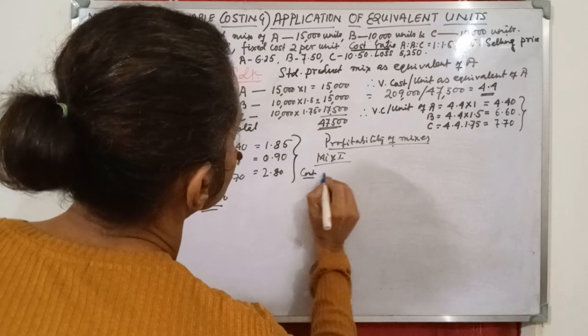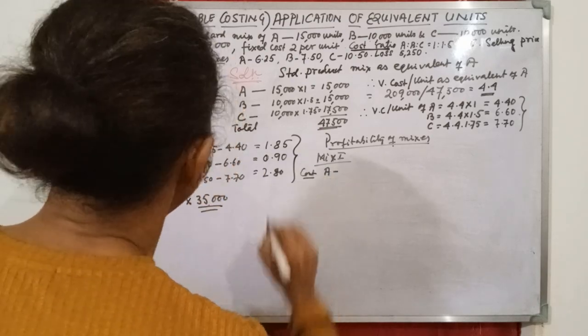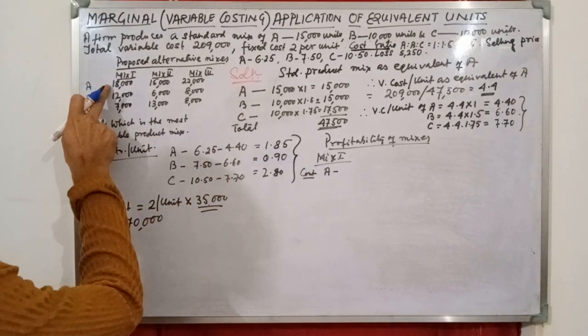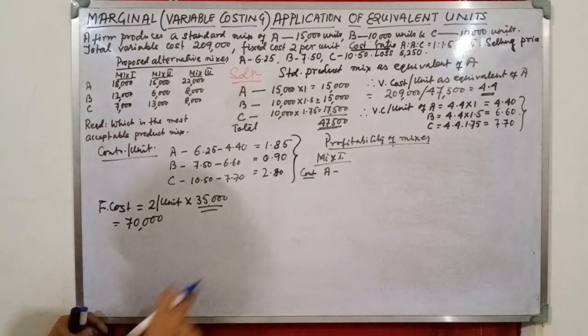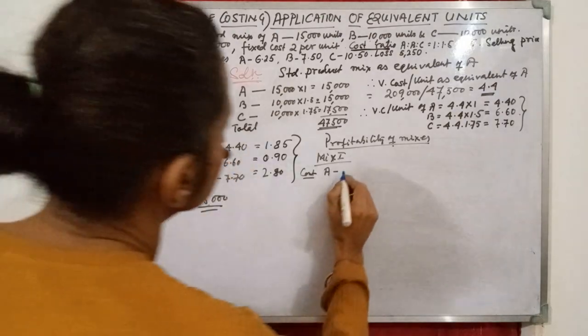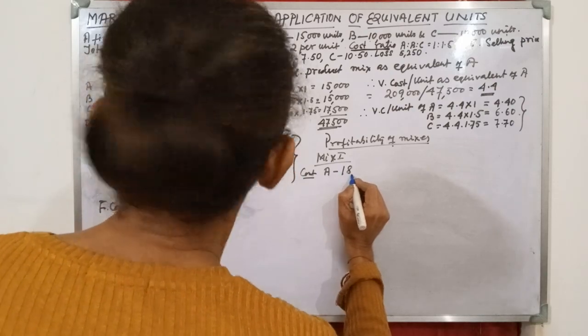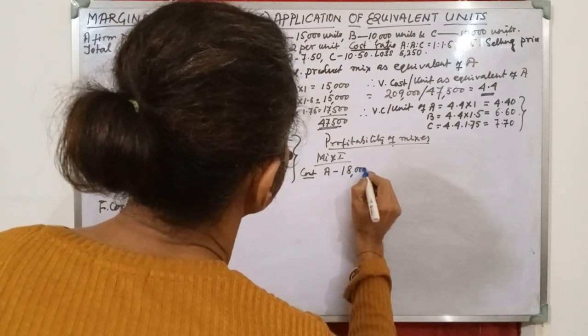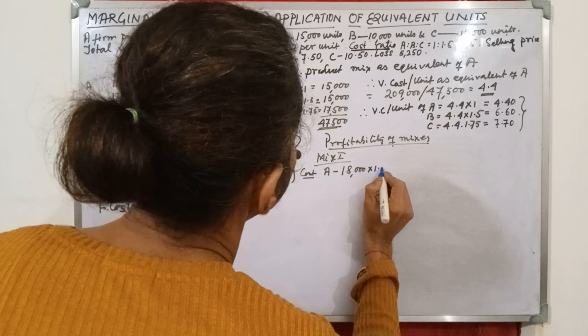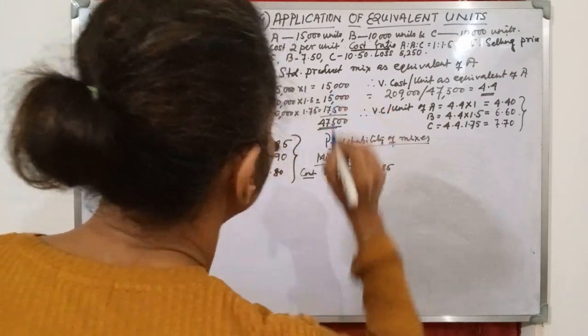Contribution of A: total contribution of A is 18,000 into 1.85.